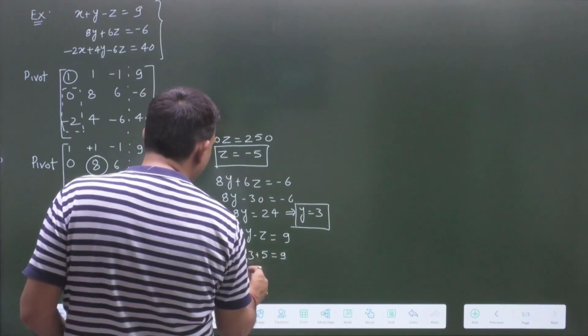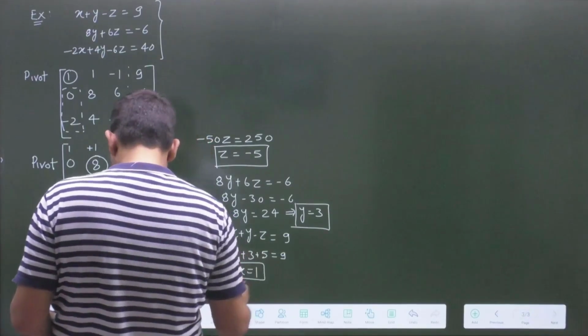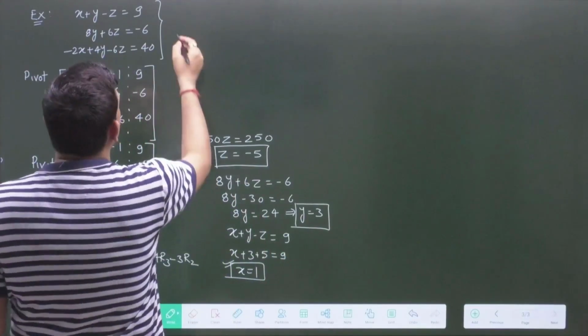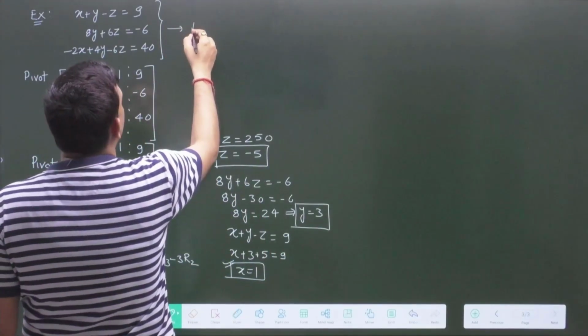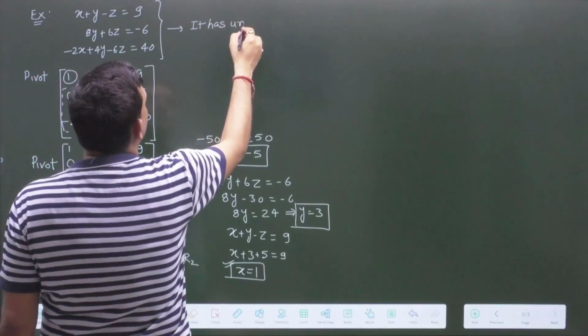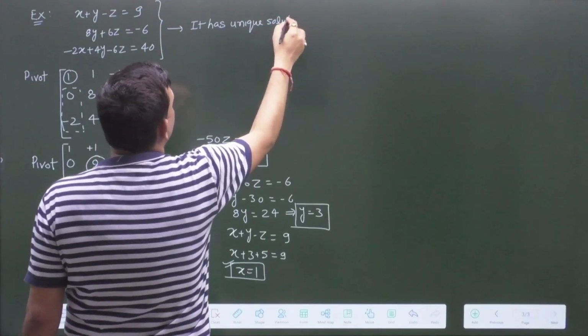The x value will be 1 here. x is 1, y is 3, z is equal to minus 5. So again it has unique solution.